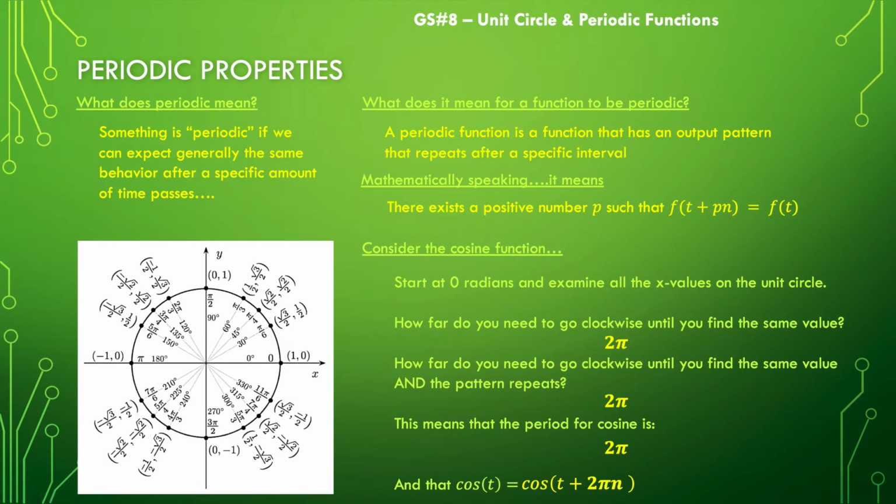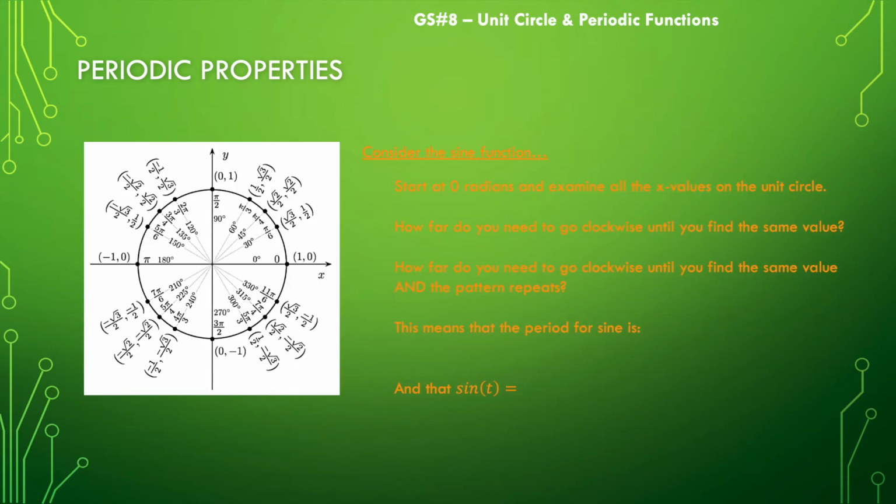All right, so now let's focus our attention on the sine function. In this case, we are looking at the y values around the unit circle. Starting here at 0 radians: 0, 1/2, rad 2 over 2, rad 3 over 2, 1, rad 3 over 2, rad 2 over 2, 1/2, and 0.